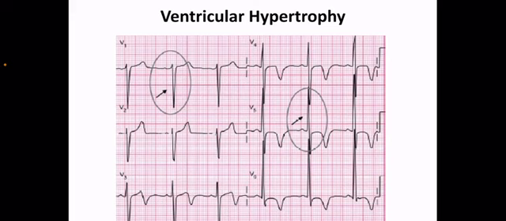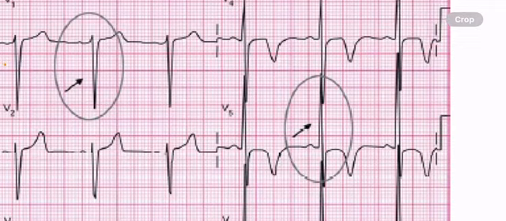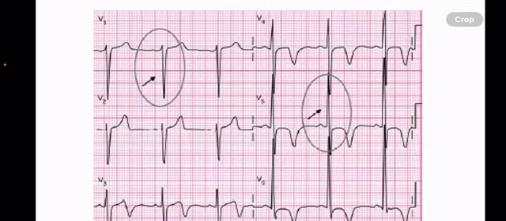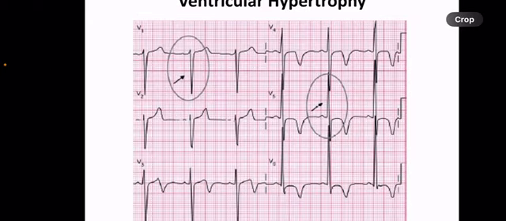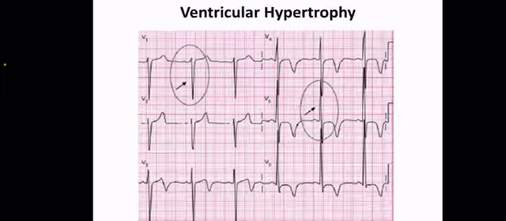The sum of the electrical excitability is more. So when you have higher than normal amplitude of the QRS complex, by this you will know that the ventricle is hypertrophied.